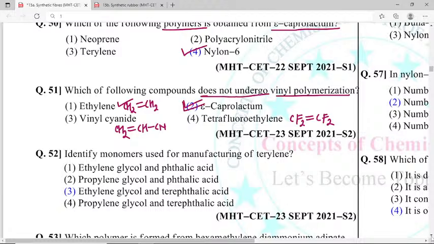Answer number two does not undergo vinyl polymerization. Vinyl polymerization requires at least one double bond. Ethylene contains one double bond, vinyl cyanide contains one, tetrafluoroethylene contains one double bond. Epsilon caprolactam undergoes ring opening polymerization.